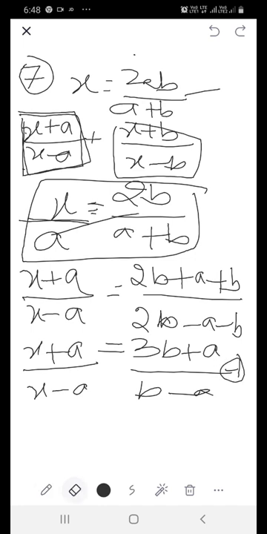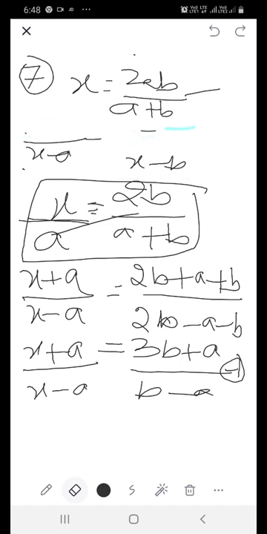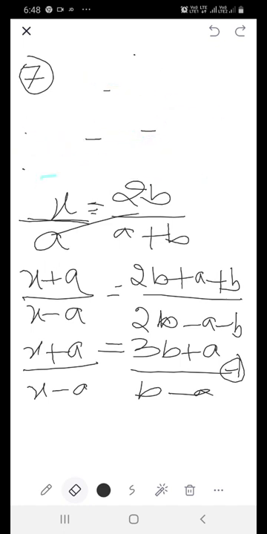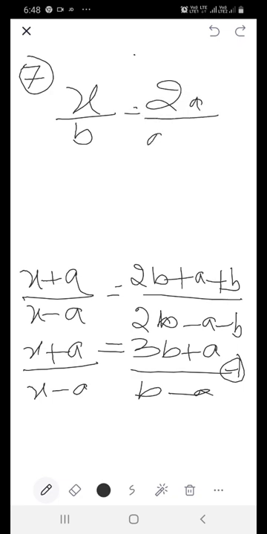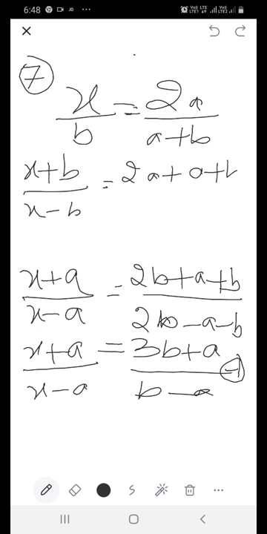Now in the same way, I am going to find the value of x plus b upon x minus b. From your given question, I am going to transpose b on the left hand side. When I transpose b on the left hand side, it will become x upon b is equal to 2a upon a plus b. Now in this, again use the componendo dividendo: add the two terms, subtract the two terms.